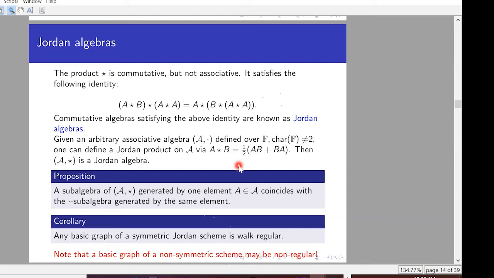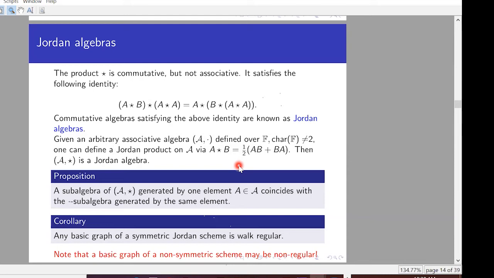But all Jordan algebras which appear in this business are special. So we can always think that there is an associative algebra behind a Jordan algebra.